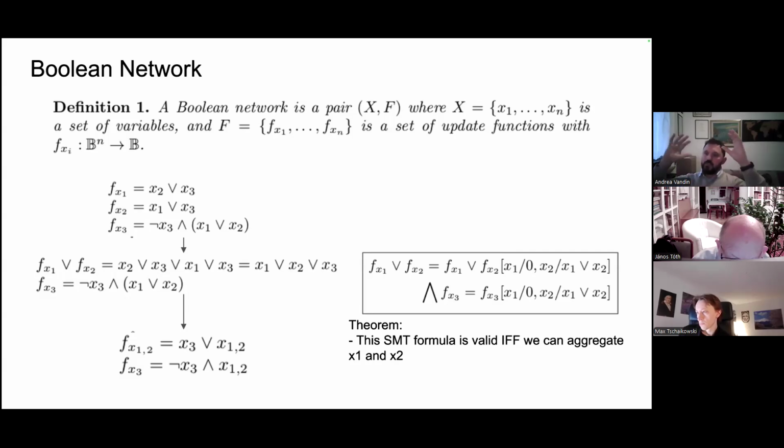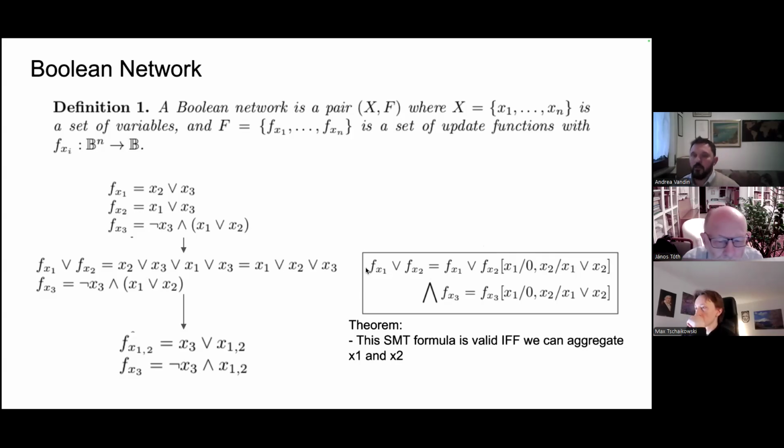In some sense, I'm saying I can move mass around. I can cancel x1 from the model, replace it with false, with 0, and I replace x2 with the OR of the two variables that I want to reduce. And this property must hold in all update functions.